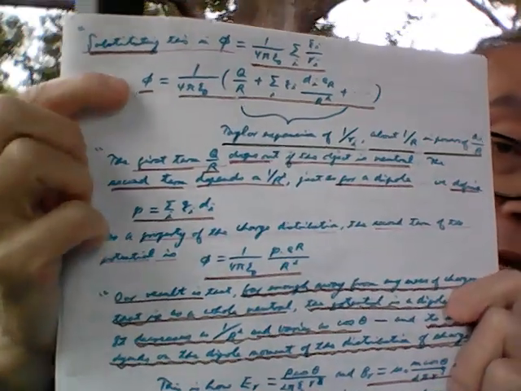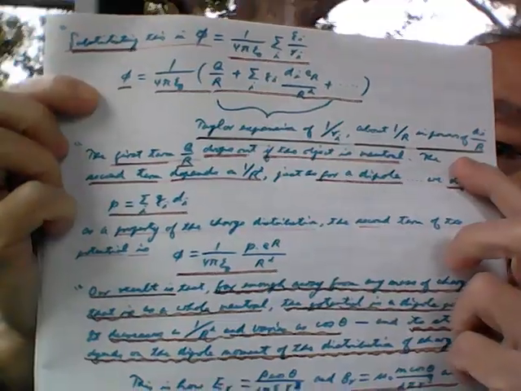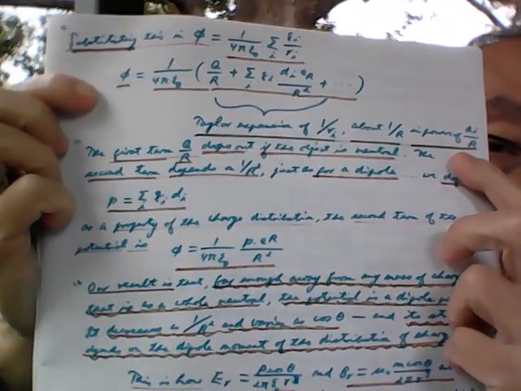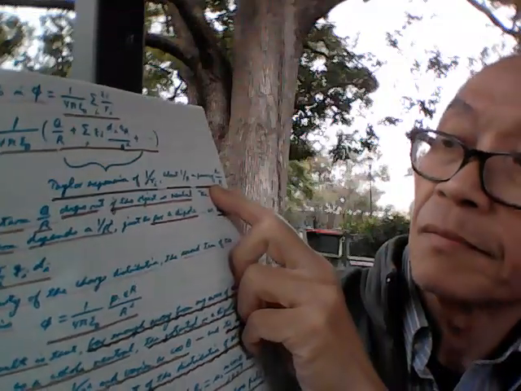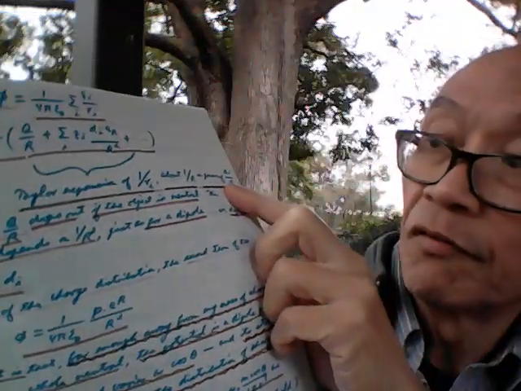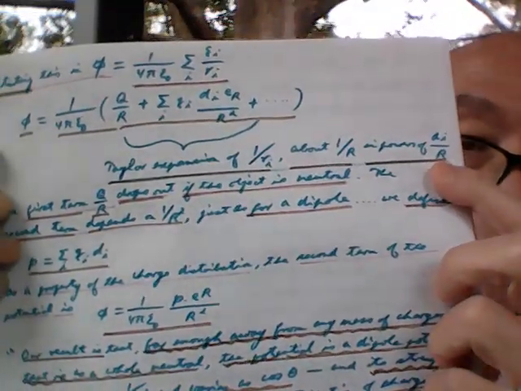What does dot dot dot mean? All these terms here are just a Taylor expansion about 1 over capital R in powers of Di over R.